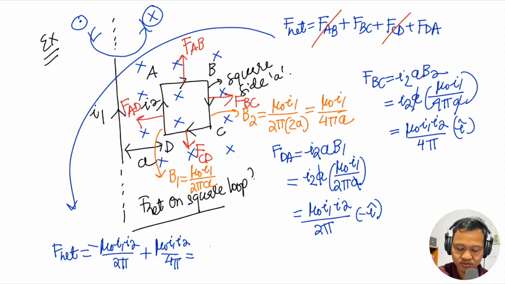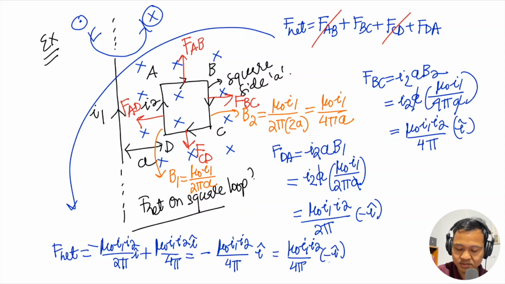To solve this, you'll have minus mu naught into I1, I2 by 4 pi into i cap. So that means mu naught into I1, I2 divided by 4 pi into minus i cap is the net force. So overall it is towards the left side.